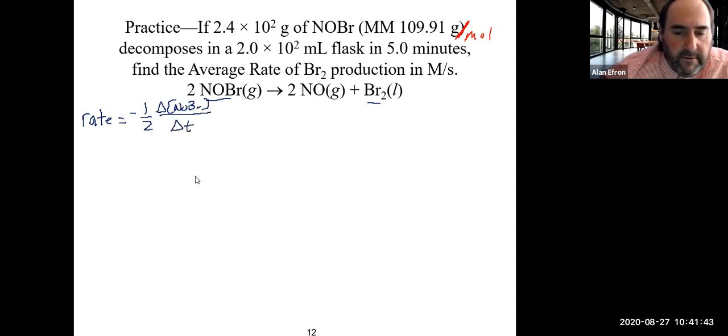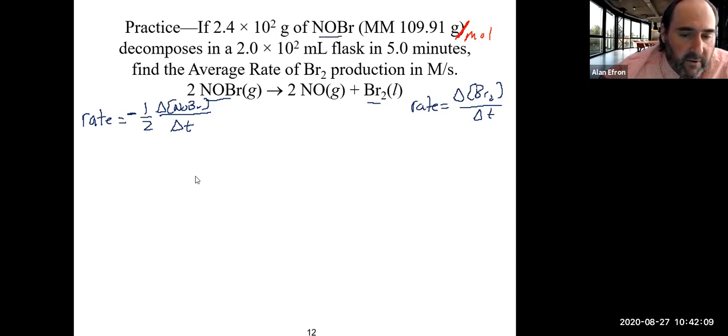For our Br2, the rate is equal to the change in the concentration of Br2 over the change in time. Again, here it is a product, so positive, coefficient is 1, so 1 over 1 is why we don't have a number here, while our NOBr is negative, should be decreasing with time, 1 over 2, which is the coefficient here.